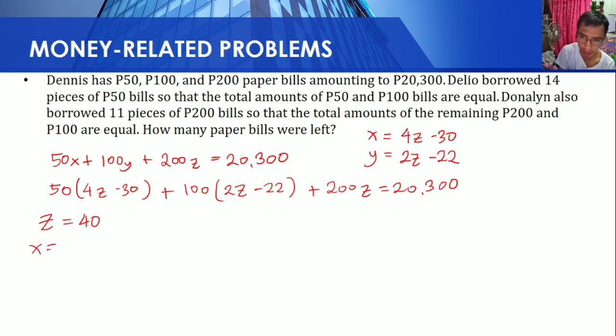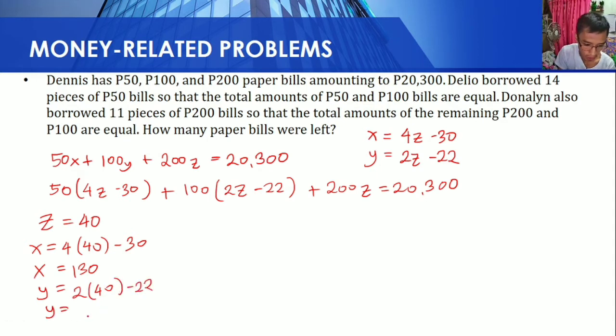So x is equal to, so 4 times 40 minus 30. So x will be 130 and y will be 2 times 40 minus 22. So yung value ng y natin, so y will be 58.